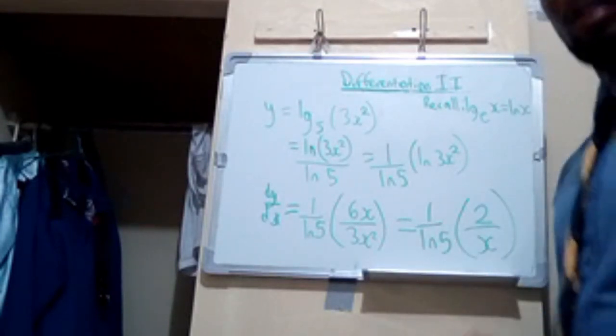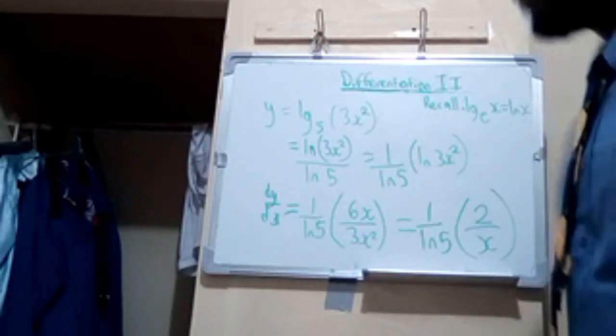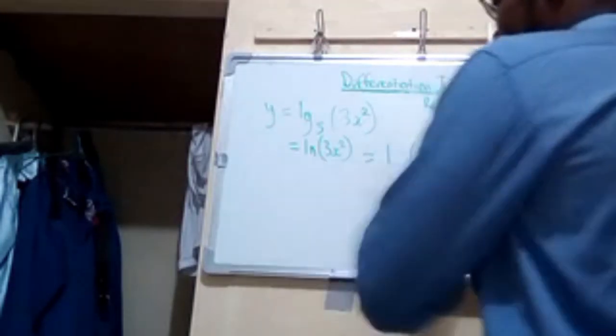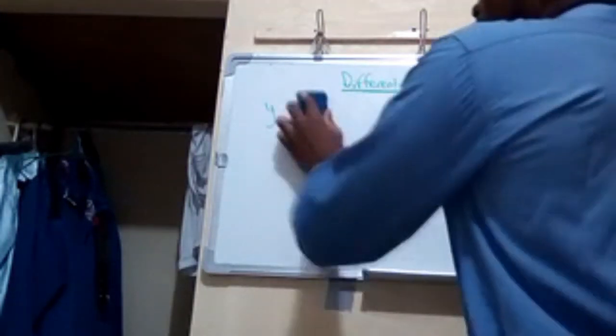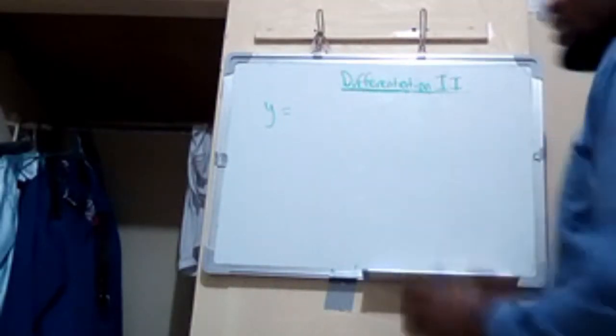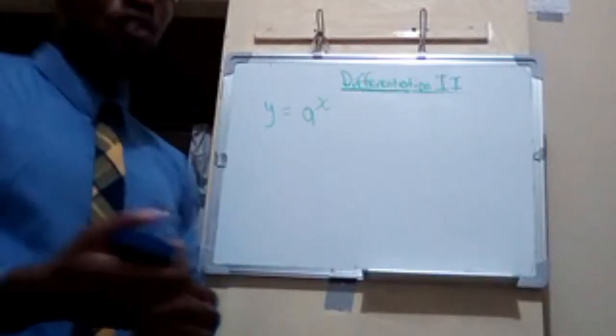Alright. Now the next one we're going to look at is differentiating a to the power x. So let's say I give you y is equal to a to the power x. How are we going to differentiate this function?